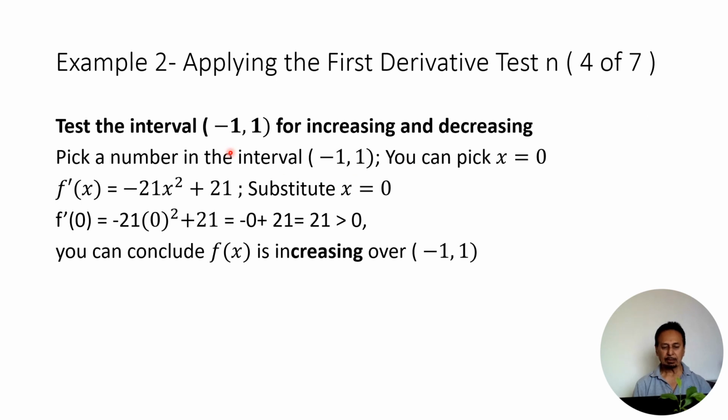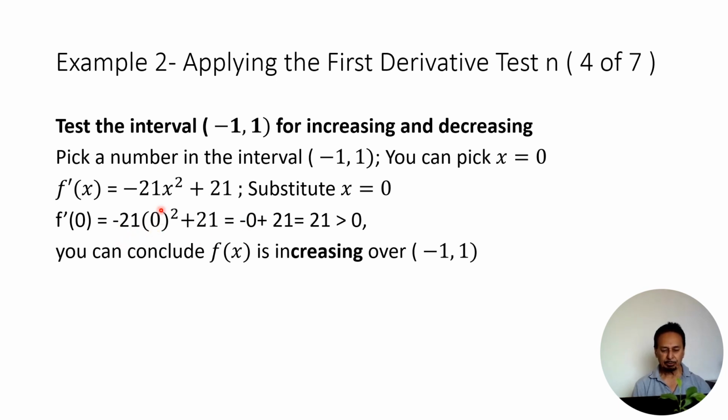Now we test the interval negative 1 to 1 for increasing, decreasing. So we pick a number in this interval, negative 1 and 1. Let's pick x equal to 0. Substitute in the first derivative, f prime of x equal to negative 21x squared plus 21. So we substitute x equal to 0. This becomes f prime of 0 equals negative 21 times 0 squared plus 21.